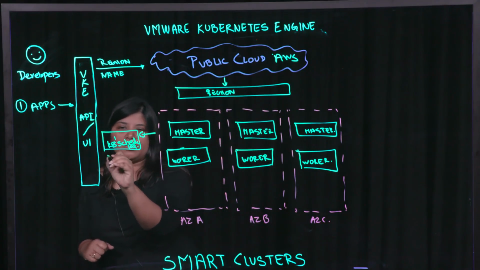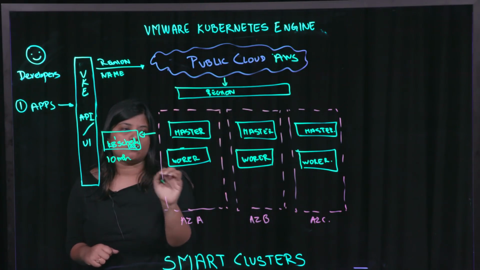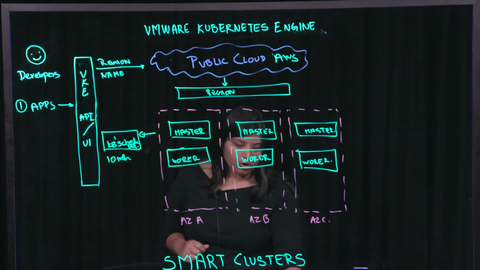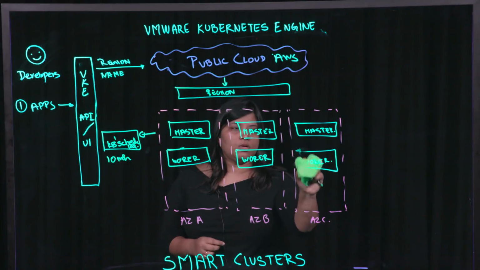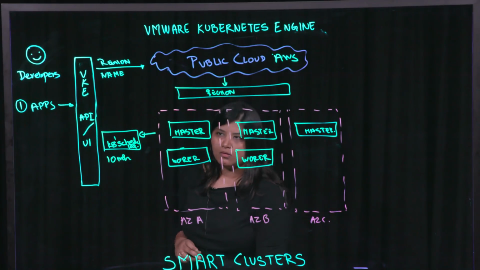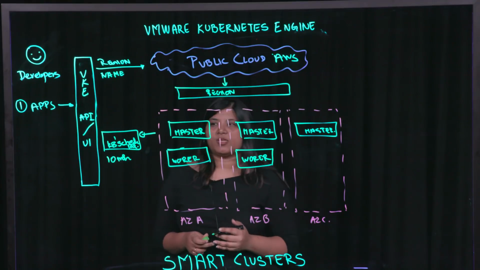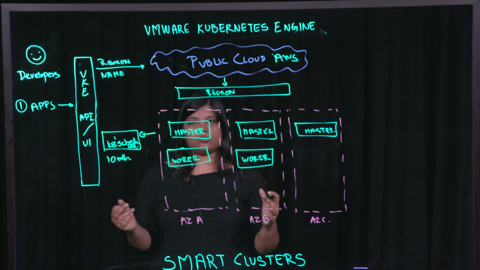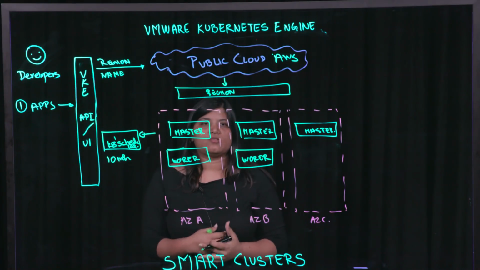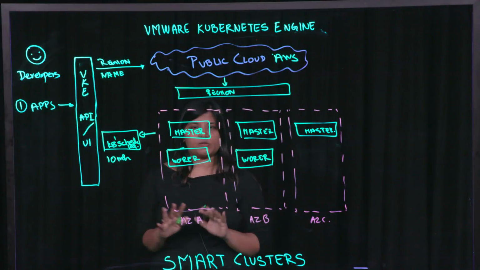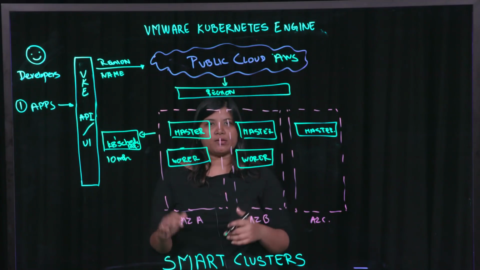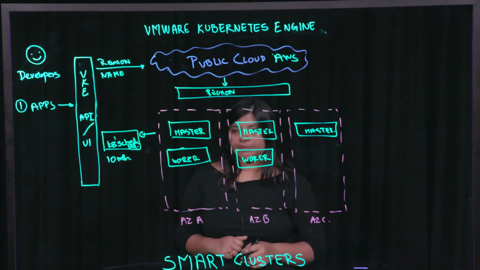Every 10 minutes or so, it will check whether the load across all these worker nodes is equally distributed. If not, VMware Kubernetes Engine will reprovision the pods to another worker node and will deinstall a specific worker node. That way, the cluster is automatically scaling out and scaling in depending upon the workload that the cluster has. And all of this is transparent to the developer. The developer is not really thinking about any of this. This is all automatically done for the developer by VKE.